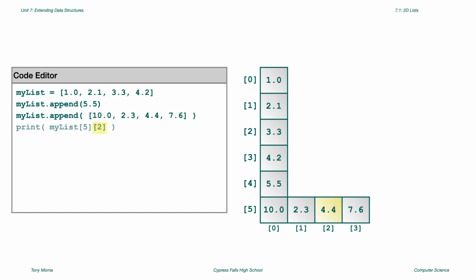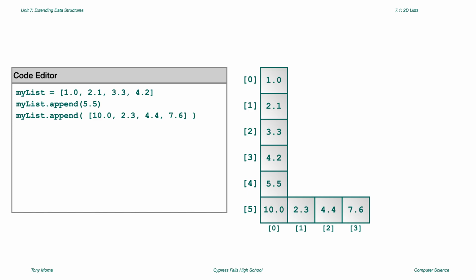Suppose I want to access the last 2 values of that inner list. No problem. We can use slicing on an inner list the same way we would use it on a regular list or a string. Here in this example, we're saying give me all the values of that inner list starting at index 2 all the way to the end, thus giving me the final 2 values of this inner list.